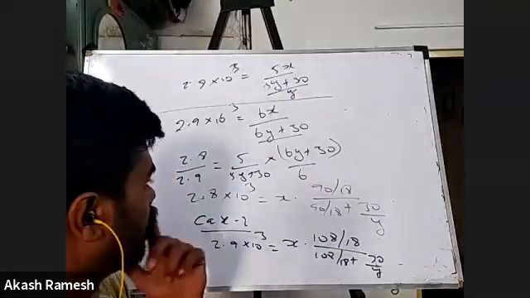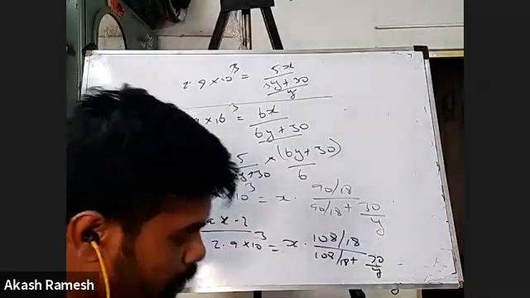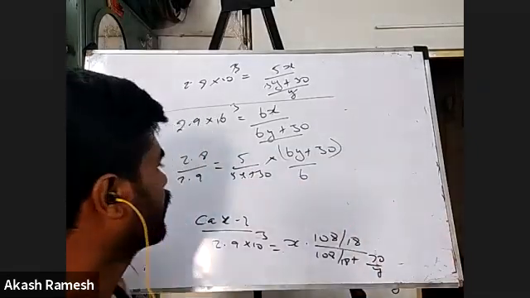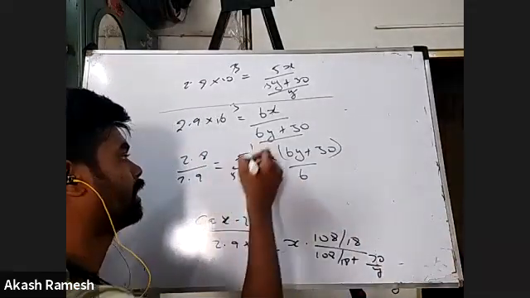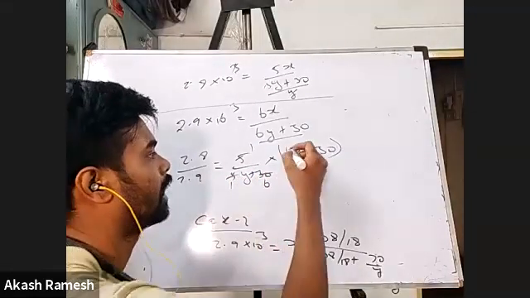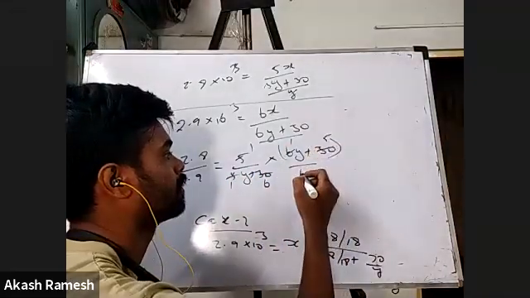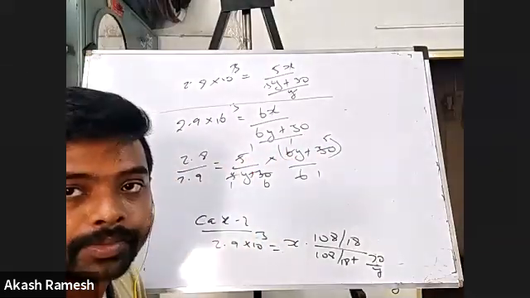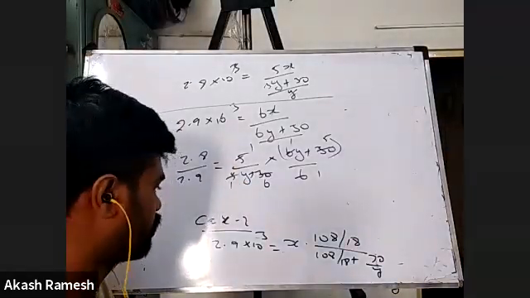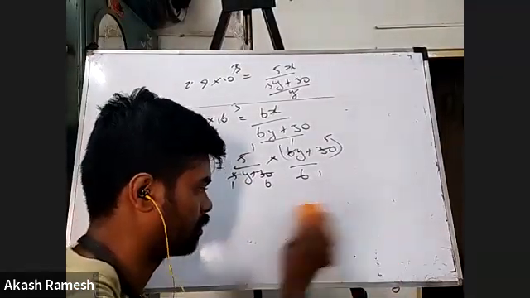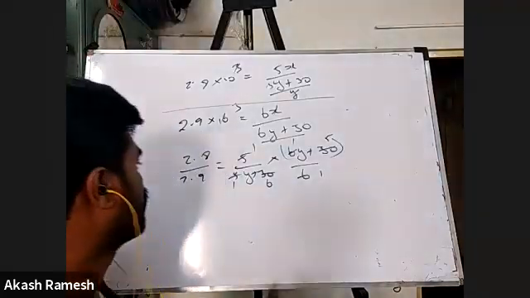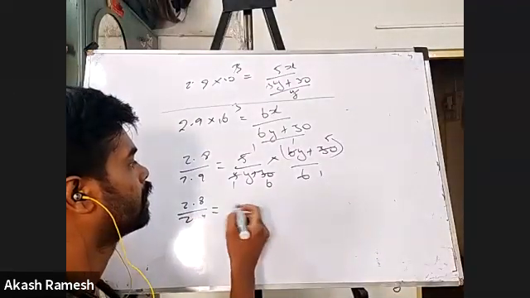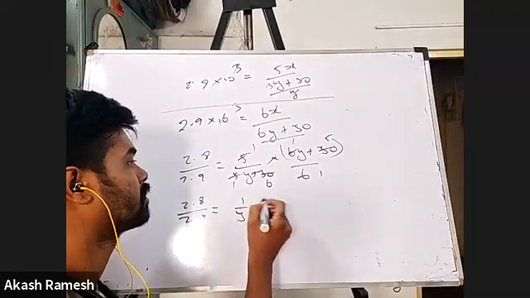I can make it still simpler. If I take 6 common out of this and 5 common out of this, I'll be able to cancel. So I have 2.8 divided by 2.9 is basically (Y plus 5) divided by (Y plus 6).